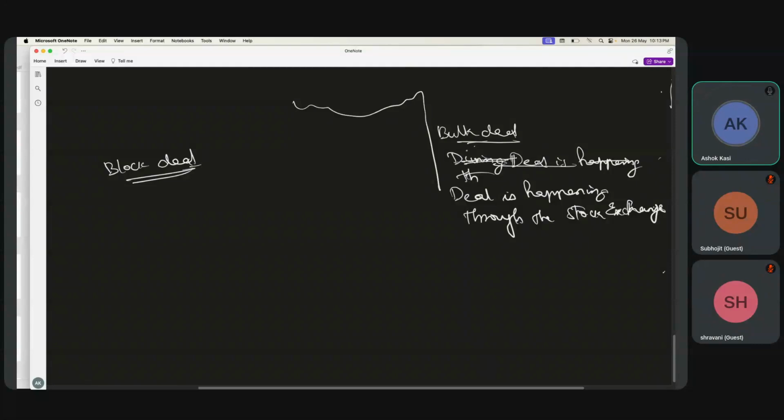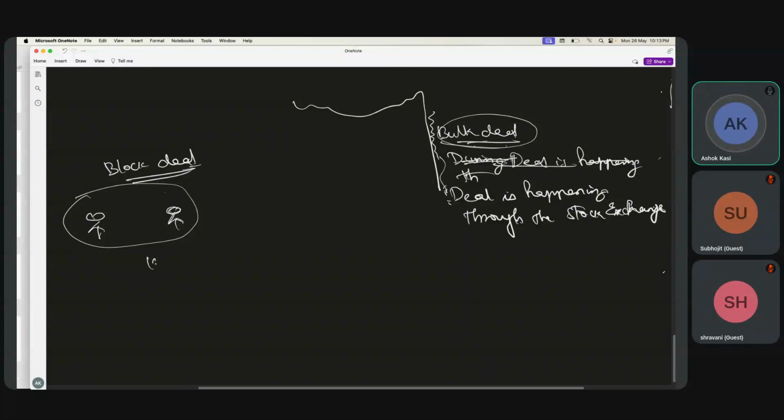A bulk deal means one big investor is selling and many other people have bought it through the stock exchange. A block deal means one big investor is selling to another big investor, or one big investor is buying from another big investor. They privately negotiate the deal.